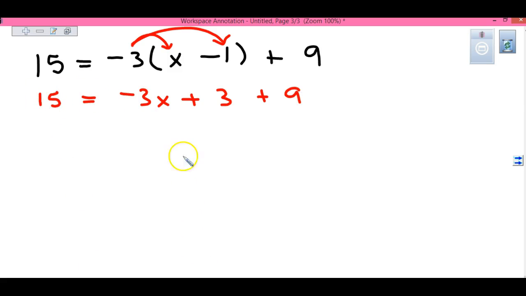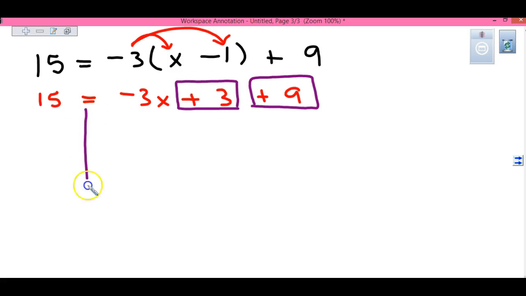Once we finish distributing, what else do we have to do? We have to do what? I'm sorry? Add. What are we adding? The like term. Okay.